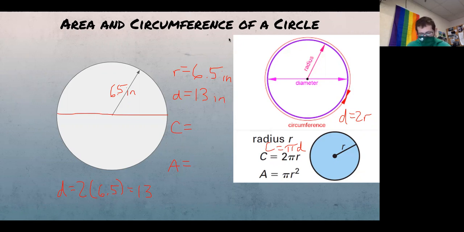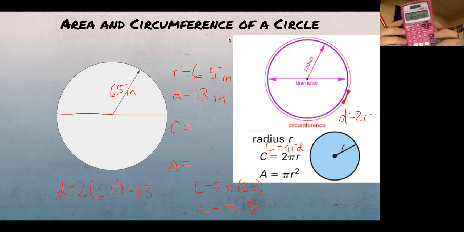Now I can find the circumference. And since I know the radius and the diameter, it's my choice. Do I want to do circumference equals 2 times pi times 6.5? That'd be 2 times pi times the radius. Or do I want to do pi times the diameter, which is 13? Exactly the same thing, and you can see that right there. So regardless of which one you choose to calculate based off of, I'm just plugging in 13 times pi, and maybe I should point out real quick, you have a pi button on your calculator, which is right here.